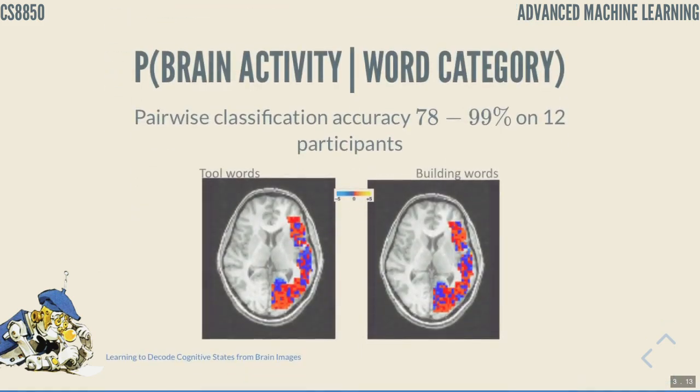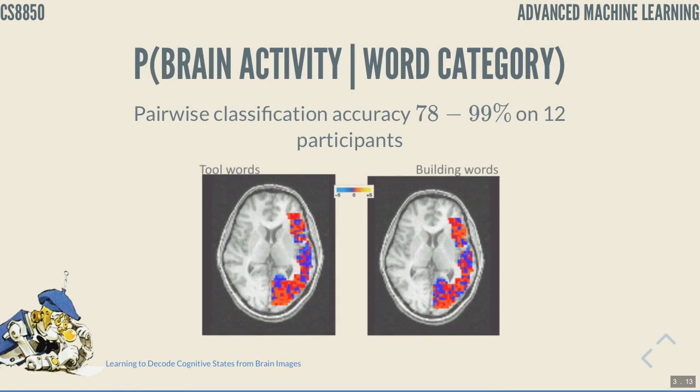So if we do that, then we can get to the accuracy of predicting brain activity based on the word category of what a person sees. A person is shown an image of some object from the category, and the algorithm needs to predict from the brain activity, just from voxels.